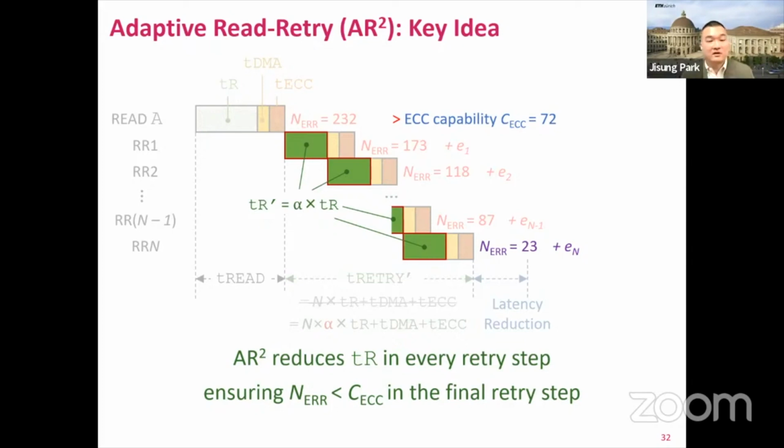This is really important, because otherwise AR² would instead increase the read-retry latency by causing additional read-retry steps. And here, we only care about the final retry step, as the other previous steps would fail anyway, even if we did not reduce the timing parameters, meaning even if we used the regular read timing parameters.